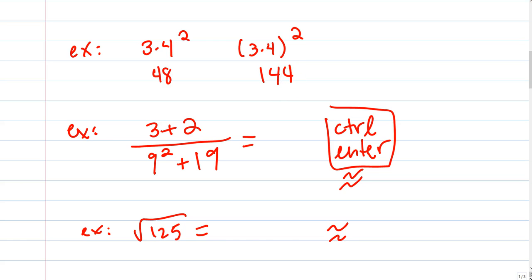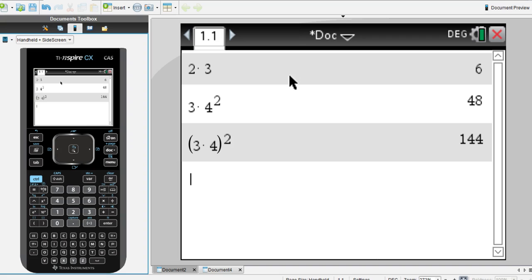So look at our second example. 3 plus 2 divided by 9 squared plus 19. That's a lot to keep track of in an 83 and 84. You have to make sure, right, if I did 3 plus 2 divided by, that's not going to work, is it?